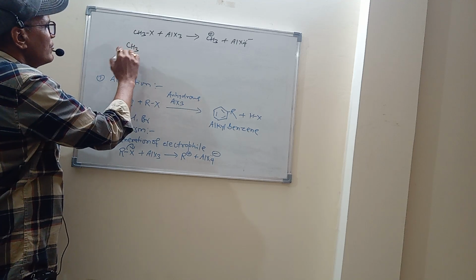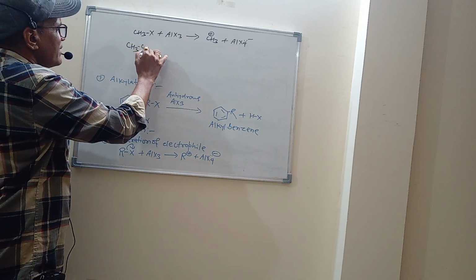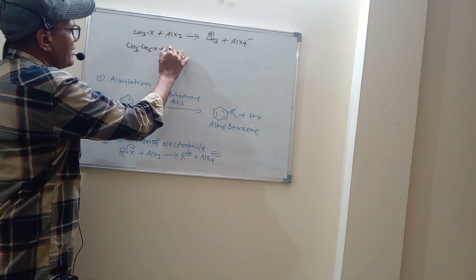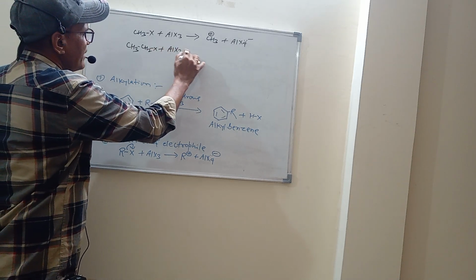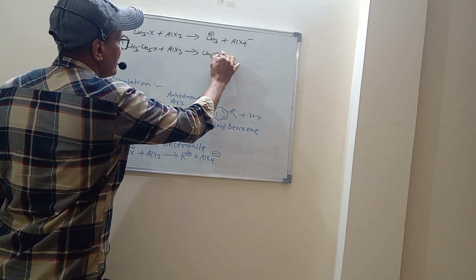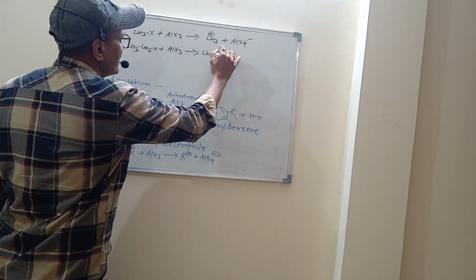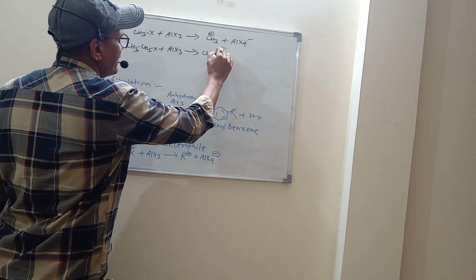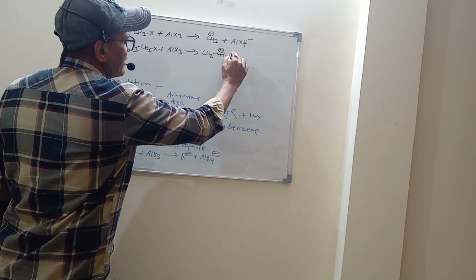Similarly, if we have R equal to ethyl here, again in this case we have ethyl carbocation as an intermediate.